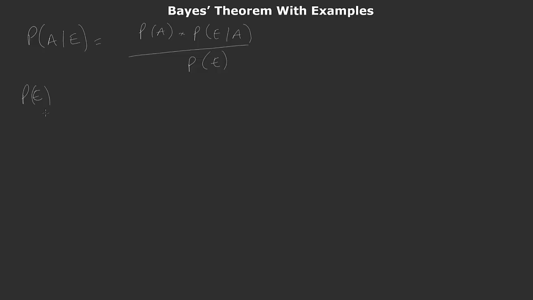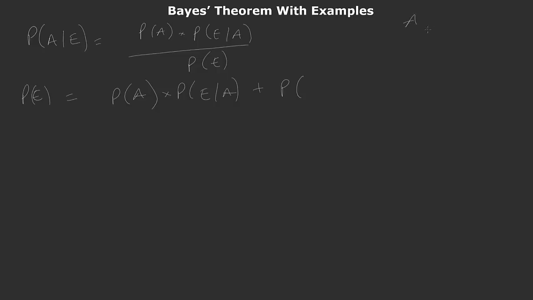Typically, you will need to compute that from other information, like the probability of A times the probability of E given A, right? Then plus the probability of the opposite or alternative event of A. So let's say there are two possible events that could happen.